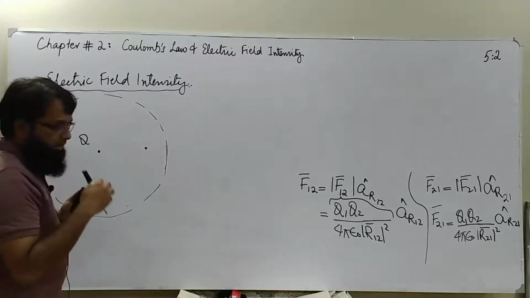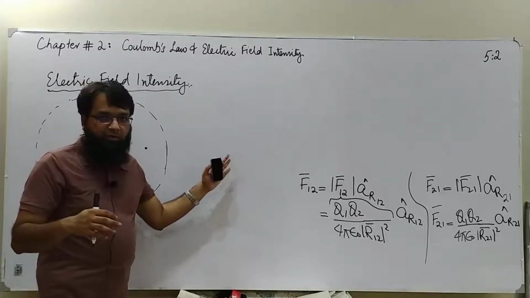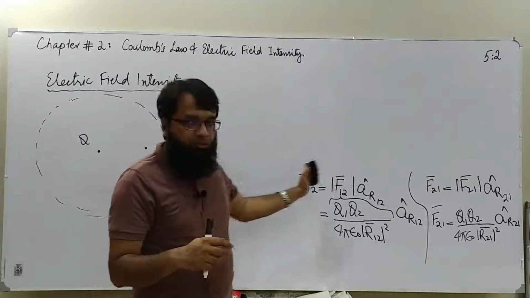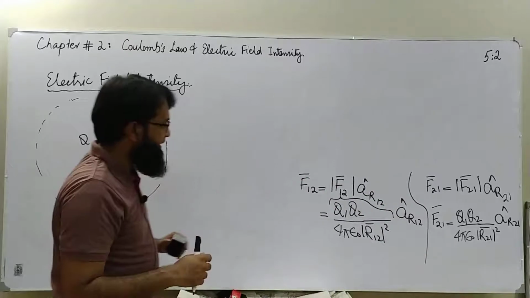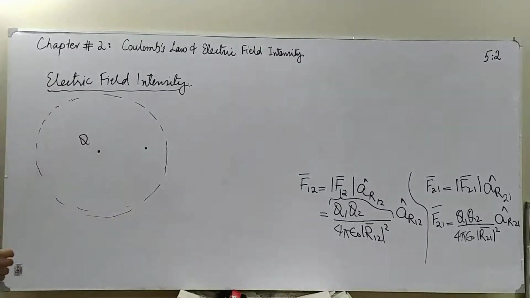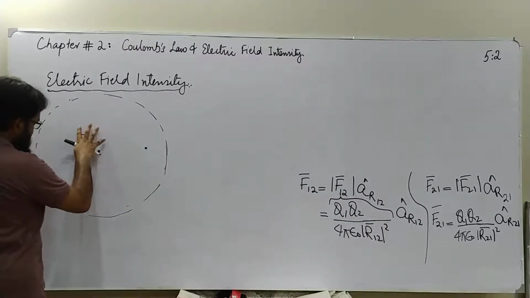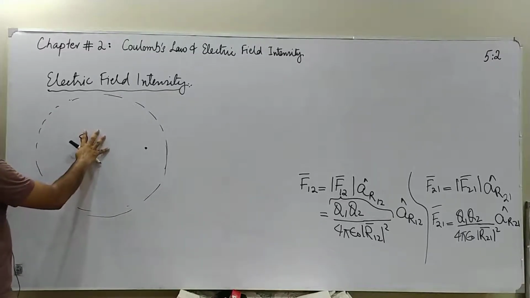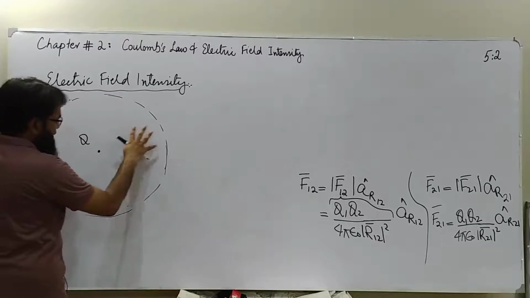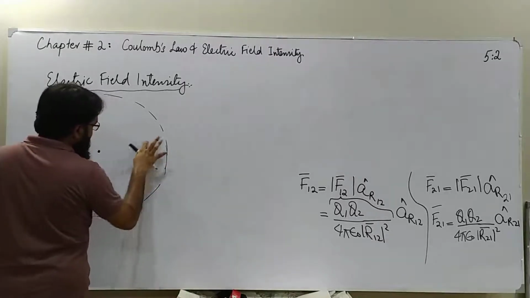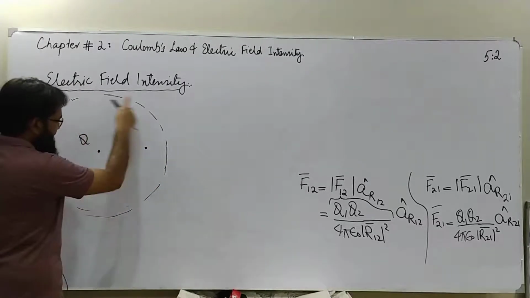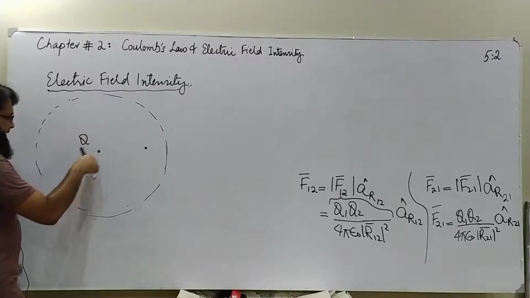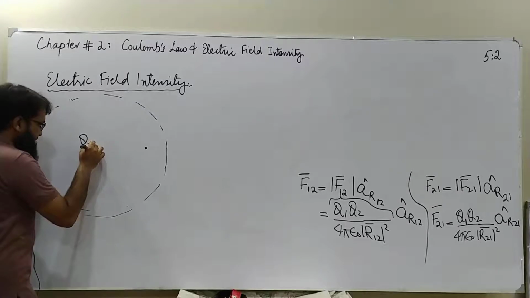Just as in the case of Earth and Moon, the scenario which I sketched in the previous lecture, the field of this charge should not depend on any other charge which is present within its field. Instead of calling it repeatedly this charge, let me call it the source charge.